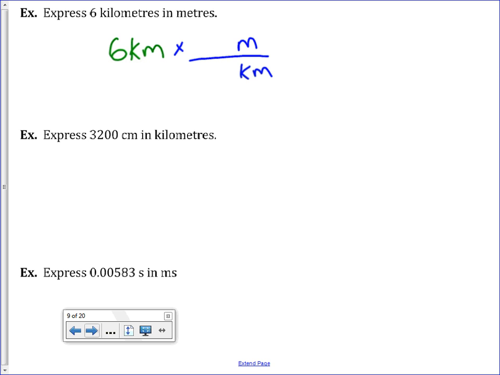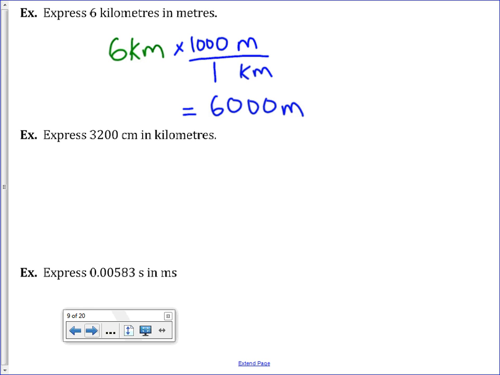So we know that for every 1 kilometer, we have 1,000 meters within that 1 kilometer. So when we convert our 6 kilometers into meters, we are going to multiply it by 1,000. And in this case, we get 6,000 meters as our answer.